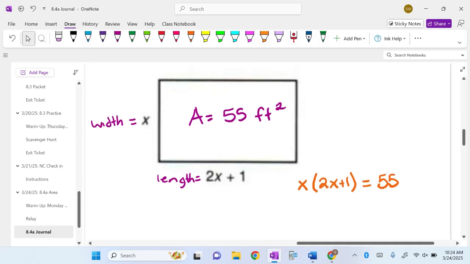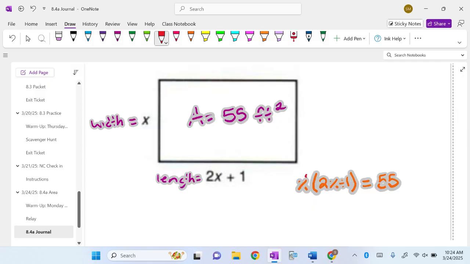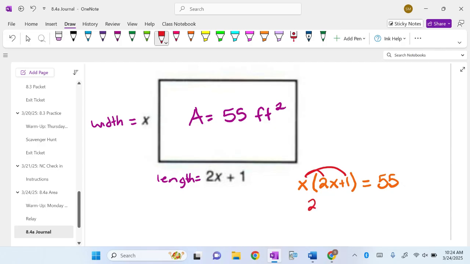Now, how do you think I'm going to solve this? What do you think my first step is? Distribute. Good. So I'll distribute the x. So I would get 2x squared plus x is equal to 55. Now, I'm solving by factoring. So what do I need to do first? Nope.